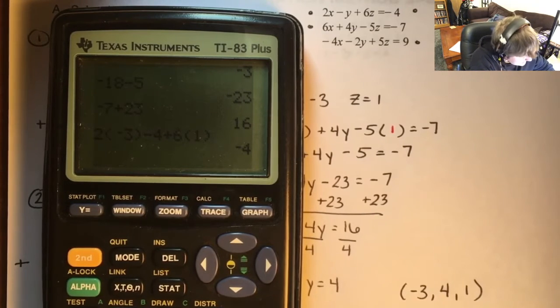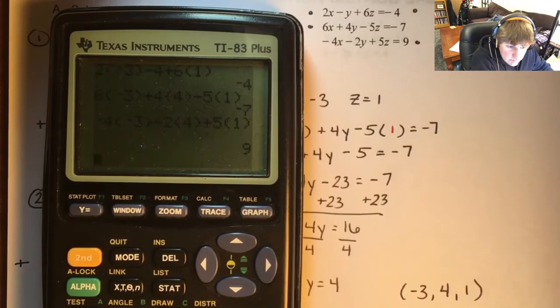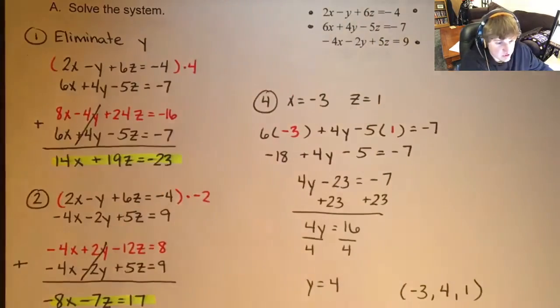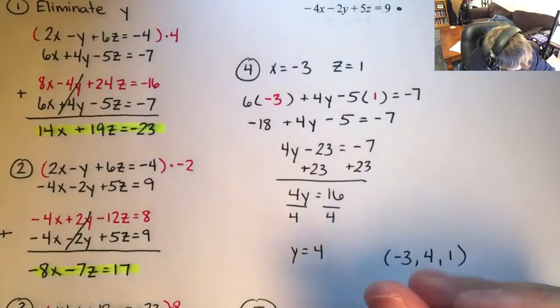Okay, next one, 6 times negative 3 plus 4 times 4 minus 5 times 1, negative 7. Okay, next one, negative 4 times negative 3 minus 2 times 4 plus 5 times 1, 9. Okay, so what does that mean? That means this is a solution to each of these equations, which means this is indeed my solution to the whole system of equations, and that I have one solution.